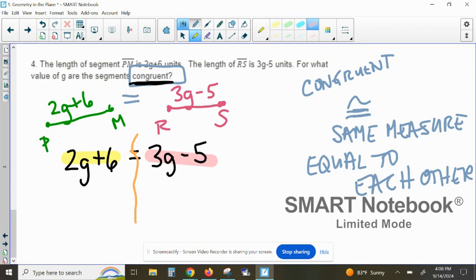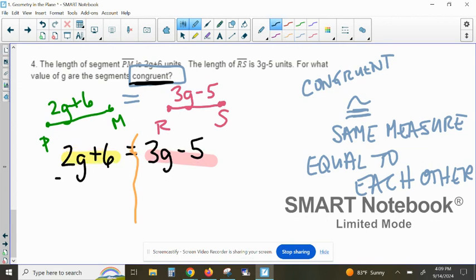So my next step is to get, I do have variables on both sides. I got G's over here and G's over here on both sides of Mr. Squiggly. So I'm going to get rid of one of them. I usually get rid of the smaller one because I don't like negatives. So the smaller G is the 2G. So I'm going to minus 2G from this side.